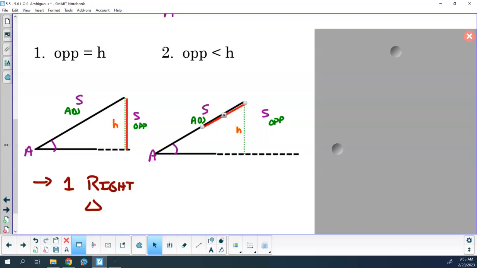No, it never completes that triangle. Even if we get really, really close to the length of that height, it never completes that triangle. So therefore, no triangle is formed.